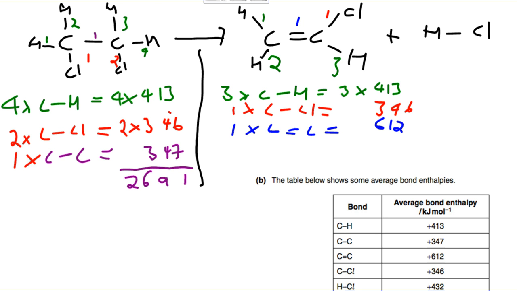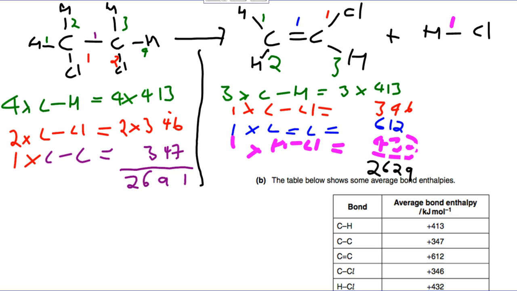And we finally have, I'm going to have to write in this very garish colour here, 1 HCl bond, which is equal to 432. So we add those up. So we do 3 times 413 added to 346 added to 612 and 432. And we get 2629. So it's not been a massive enthalpy change.